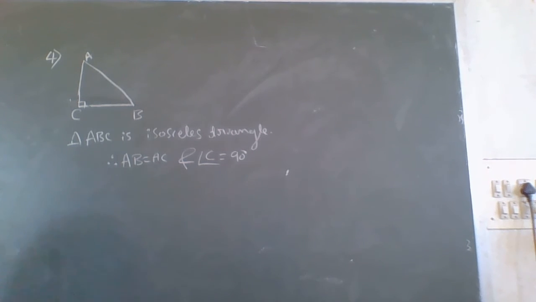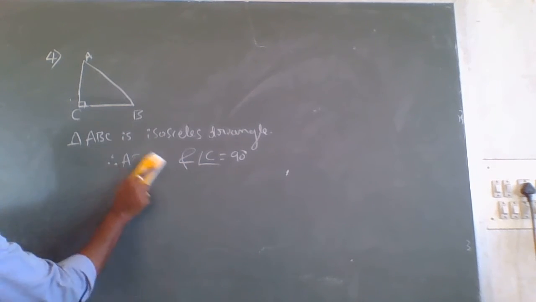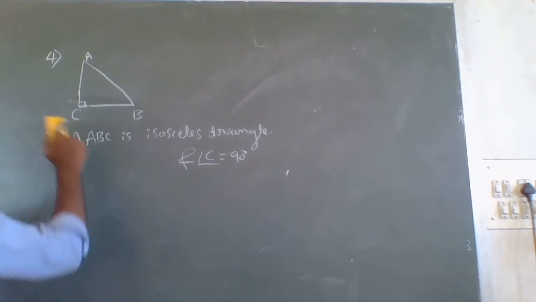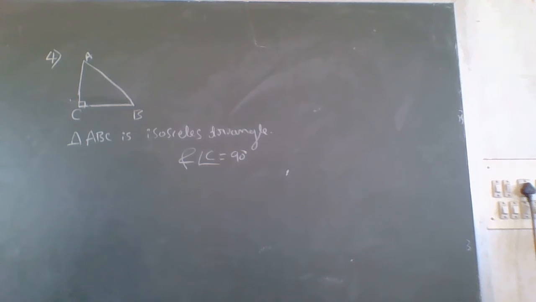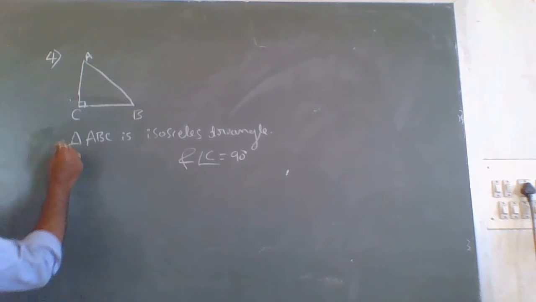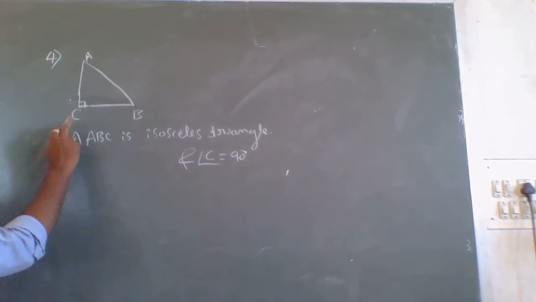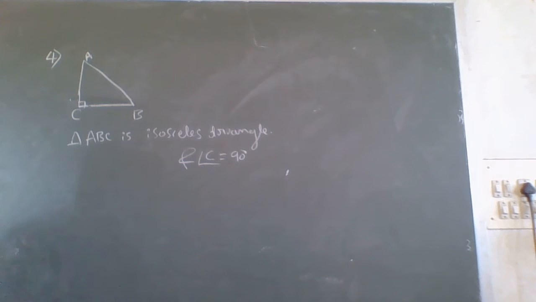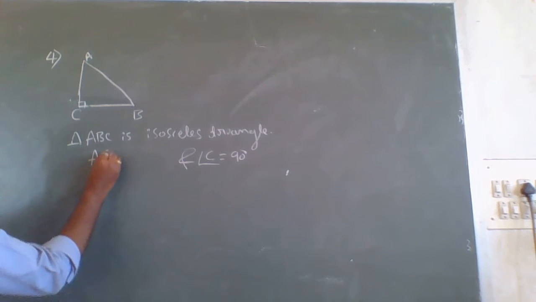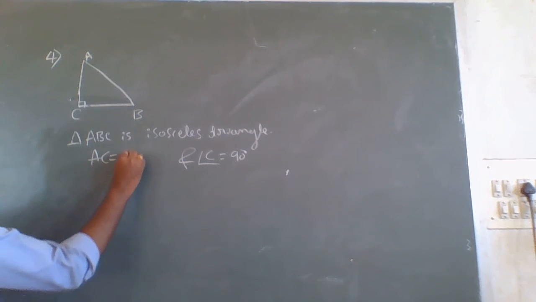Sorry, here if it is isosceles triangle, ACB is isosceles triangle and angle C is 90 degree, means we should consider here this AC is equal to CB or BC. So here I will write AC is equal to CB.